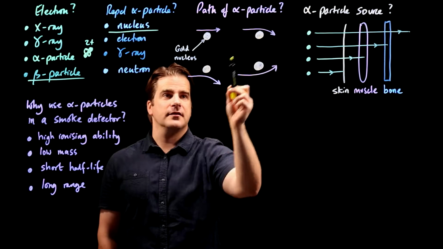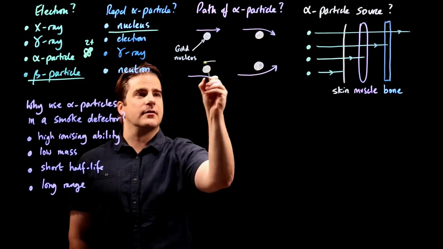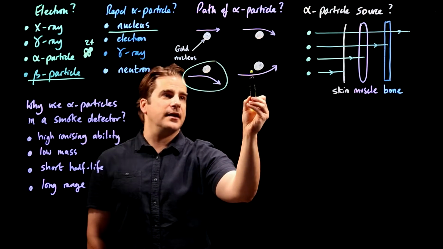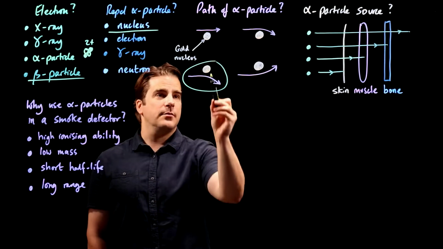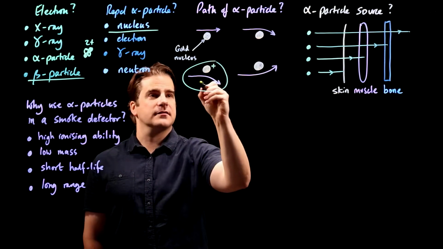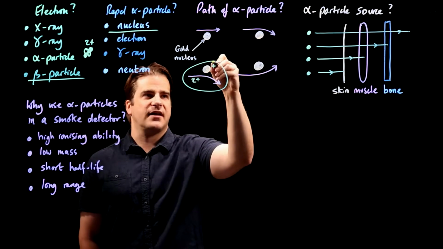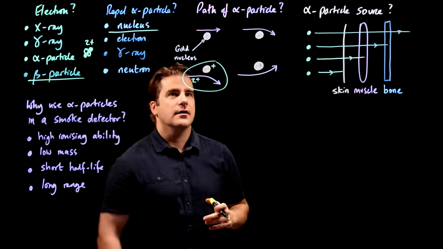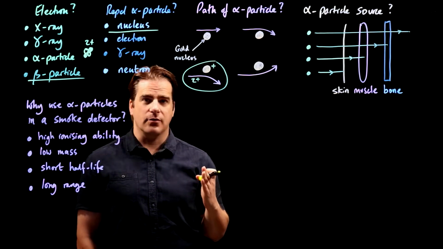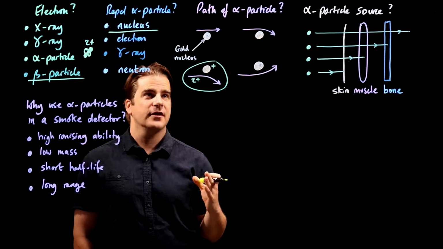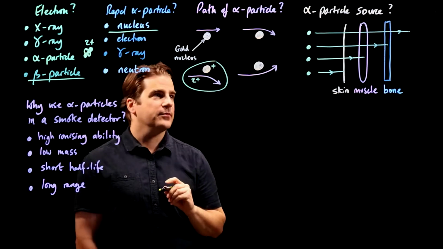Well, that can't be right. Here, the alpha particle is being repelled away from the nucleus, so it's that one. And again, here, the alpha particle is being attracted towards the nucleus. Okay, positive repels positive. Alpha particle, 2+, nucleus, however many pluses. Oh, well, it's a gold nucleus, so I don't know the periodic table well enough to tell you exactly how many protons gold has in it, but it's quite a lot.